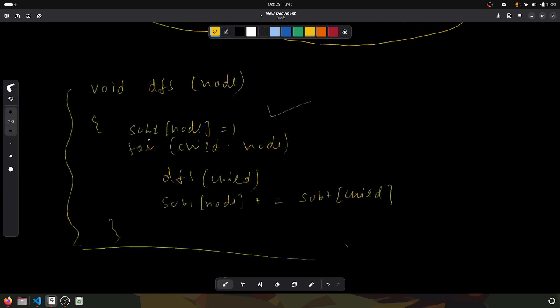Basically, let's look at it like this. There is a parent and there is a child, and there is a subtree of this child and a subtree of this parent. Now what happens when we make this child the root? Let me write this as R. What will happen when I make this child a root?